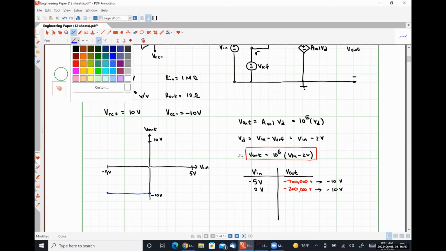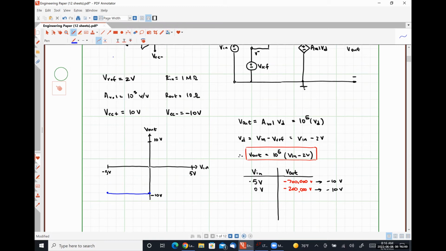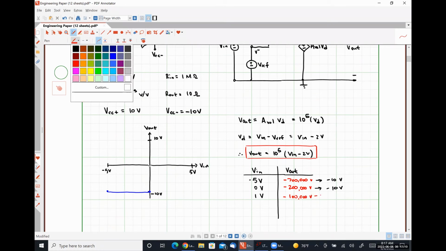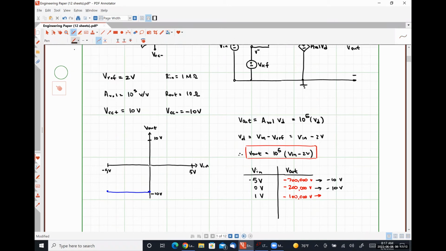Let's look at a voltage of 1 volt. At 1 volt, we are going to have an output voltage of -100,000 volts, which is still much more negative than VCC minus.